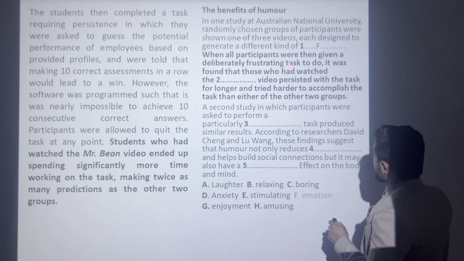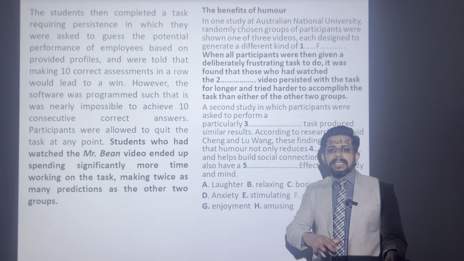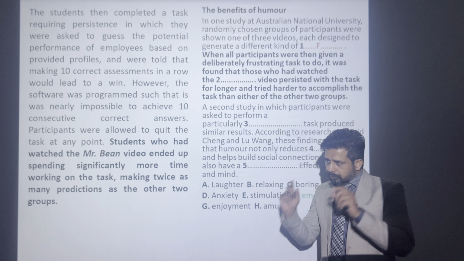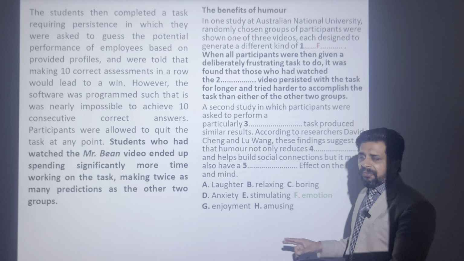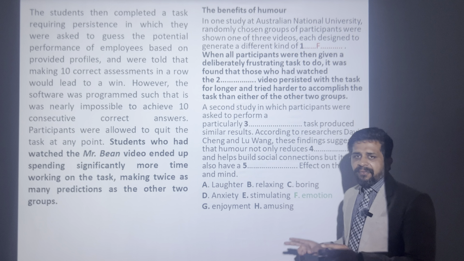As we already know, groups were divided in number 3. There were a total of 3 groups. All of them were given different types of videos, and here they have said that the group which was given one certain type of video actually performed for a long time in that task.